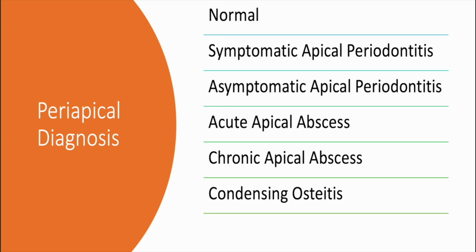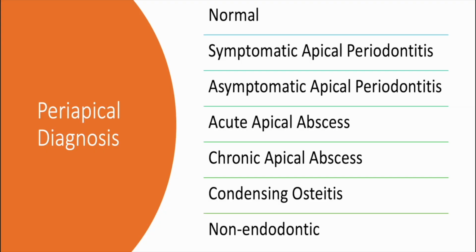After that comes condensing osteitis. It is just a response to the pulpal inflammation where you see radiopacity. It is the only condition throughout the endodontic diagnosis where you see an opacity. There are actually two conditions. One is condensing osteitis, when you see some kind of radiopacity, and second is calcification of pulp or pulp stones, where you see some kind of radiopacities in the pulp chamber.